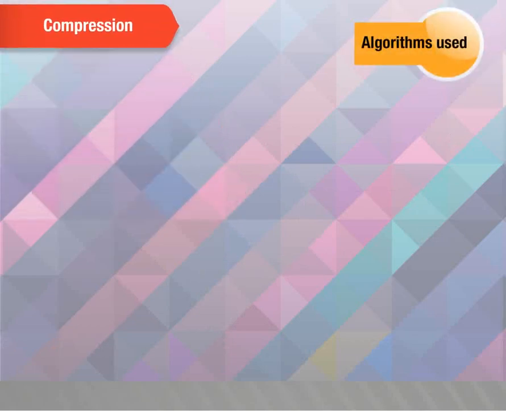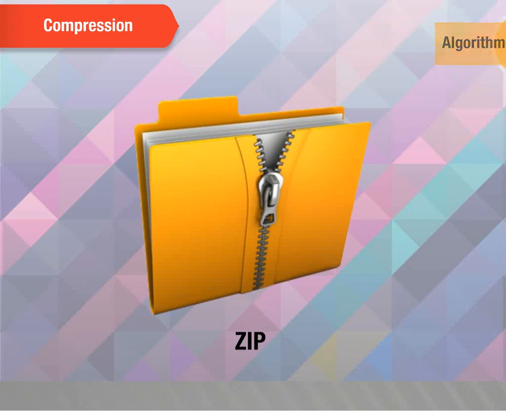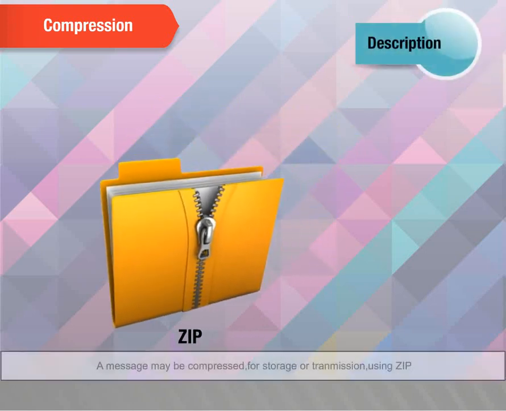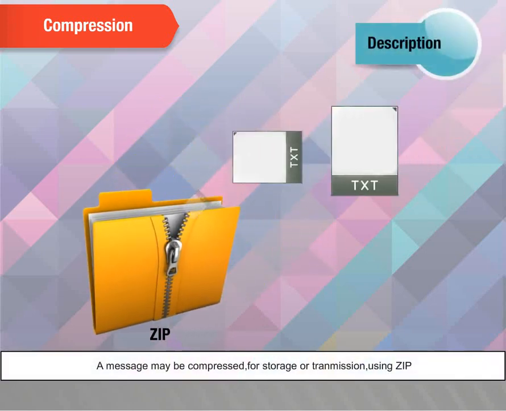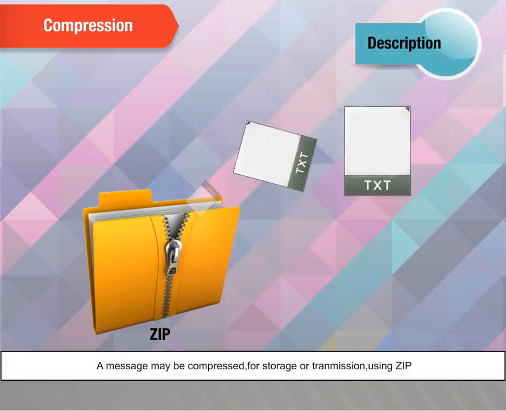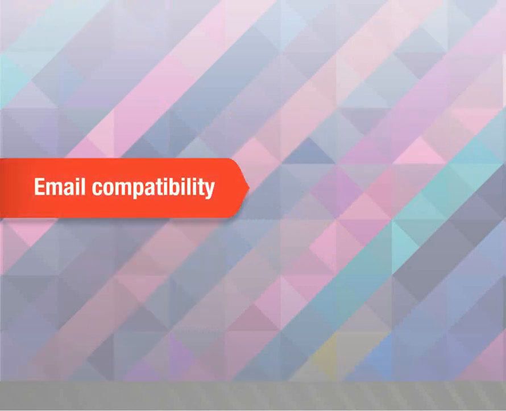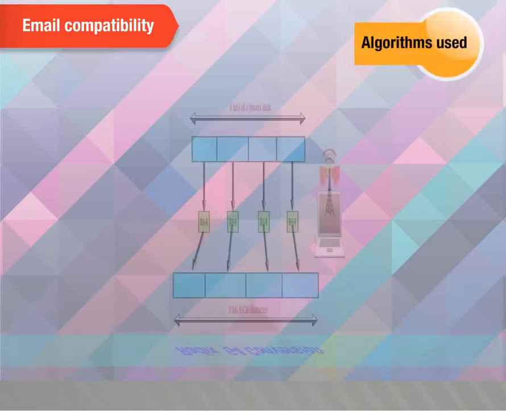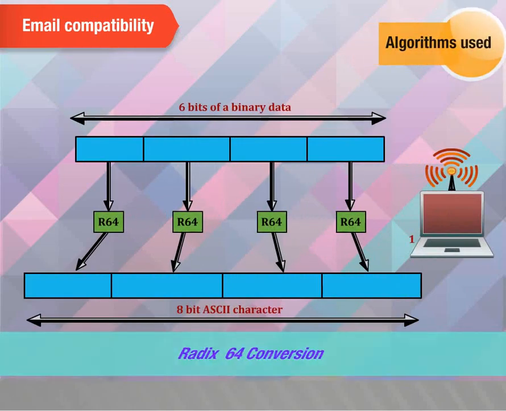Compression. Algorithms used: zip. Description: a message may be compressed for storage or transmission using zip. Email compatibility. Algorithms used: radix 64 conversion.